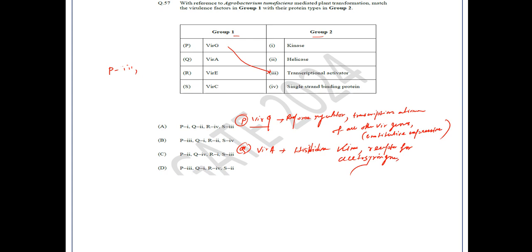And also autophosphorylates and phosphorylates VirG proteins. So it has histidine kinase activity. So VirA matches with 1 of group 2. Also Q with 1.